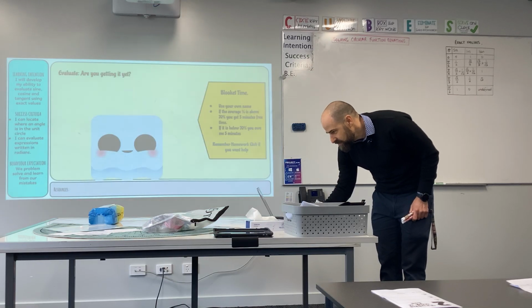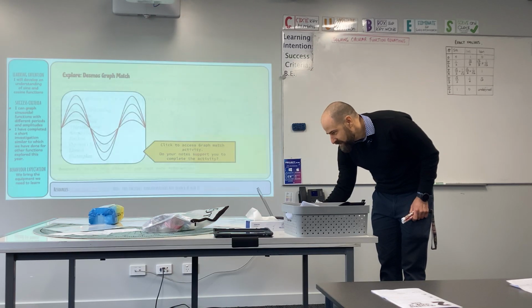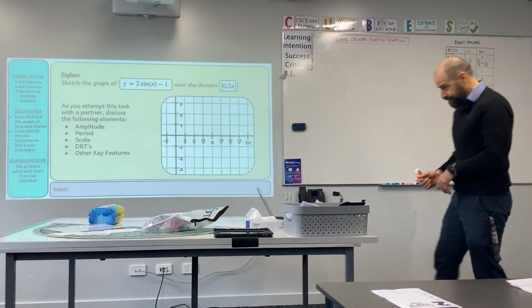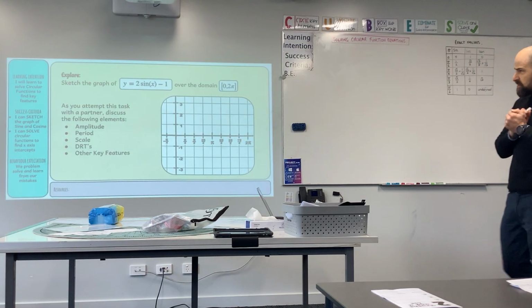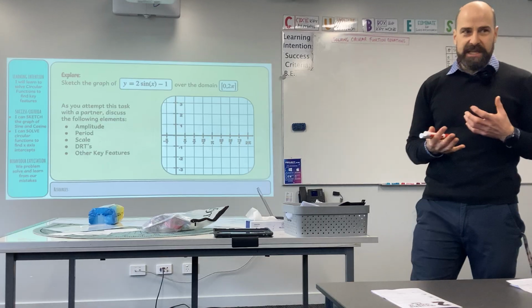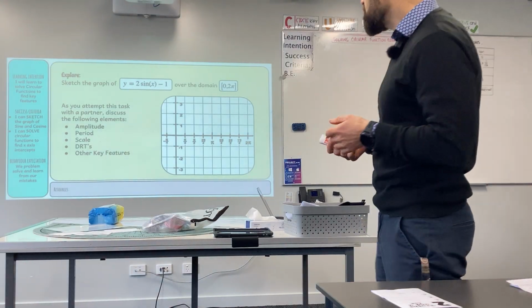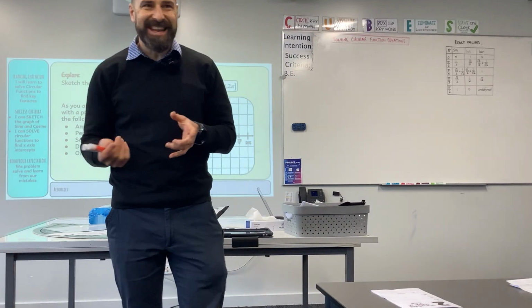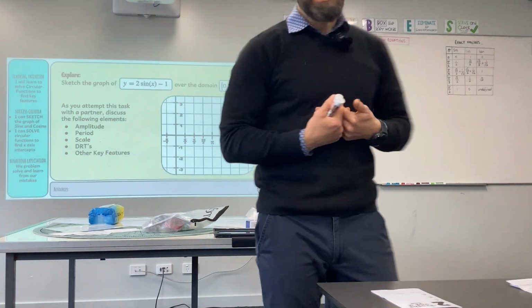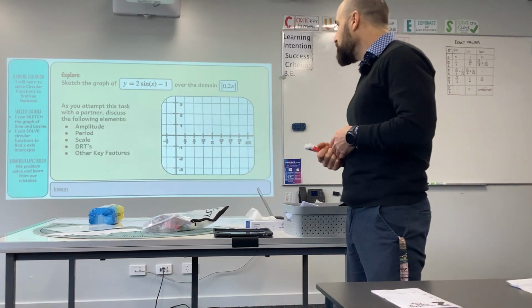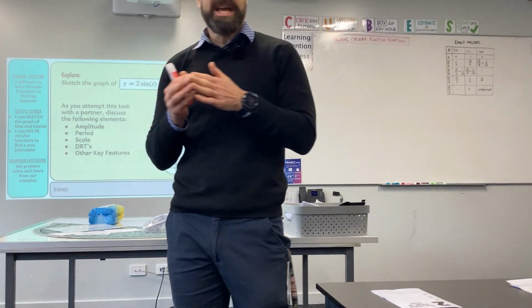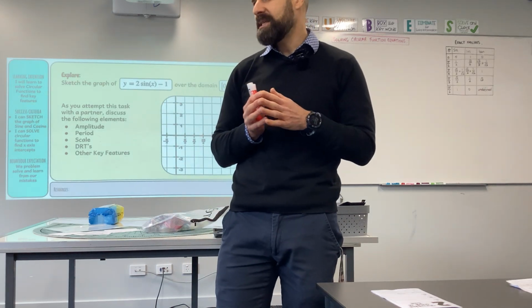Where were we up to? There we go. Okay. So what I want you to do now, think back to the last lesson, you should have done some practicing of graphing sine and cosine. I'm not convinced that you're awesome at it yet, so I want to see what you can do. Could you please try and sketch this graph of y equals 2 sine x minus 1? If you need to, use your CAS calculator to help you get started.